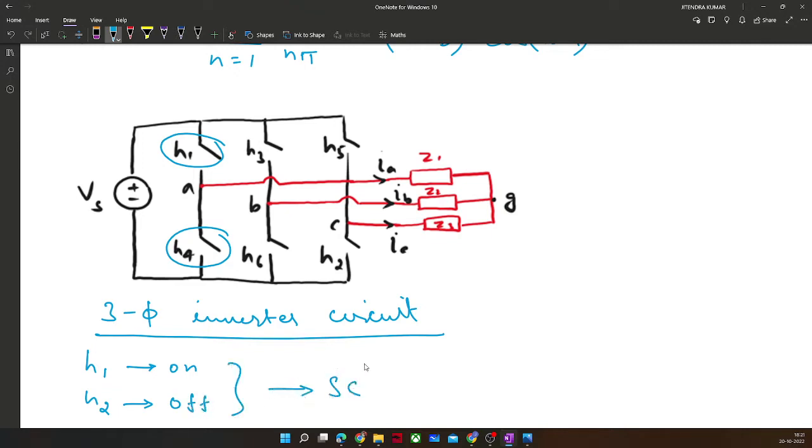And this DC supply would be connected to this topology of switches, and it will give us the AC voltage waveform at output side. This phase is nothing but A and G. This will be your phase, I am highlighting it here. This will be your phase VAG, VBG, VCG.